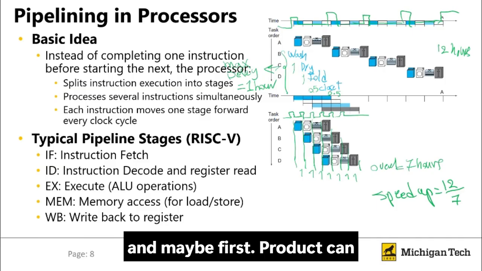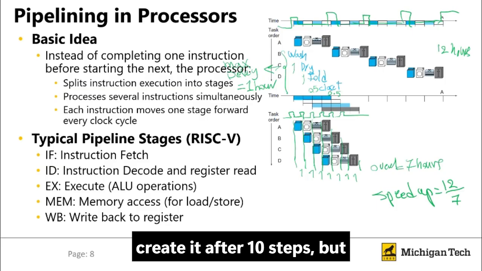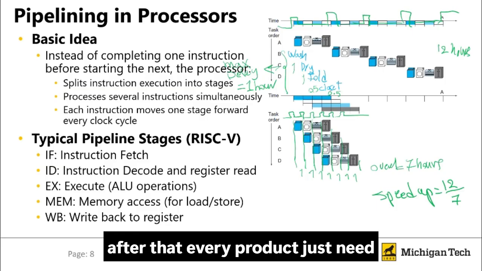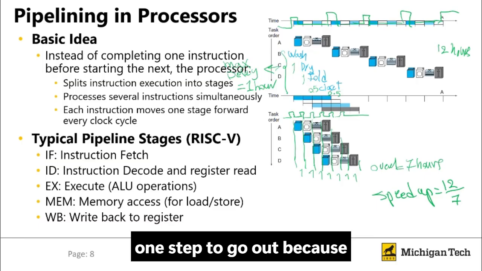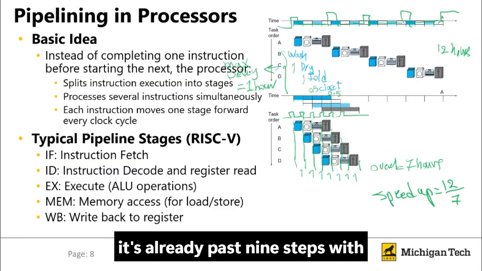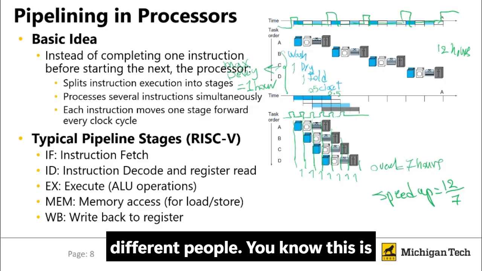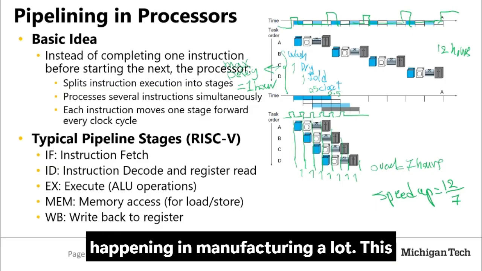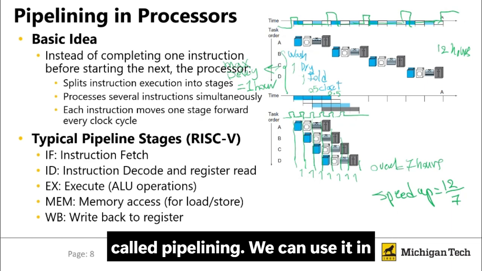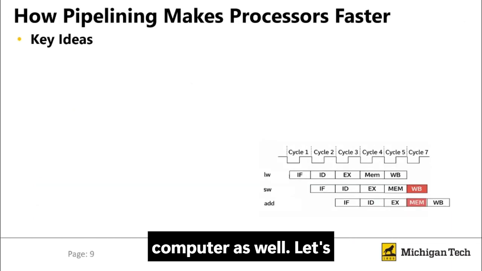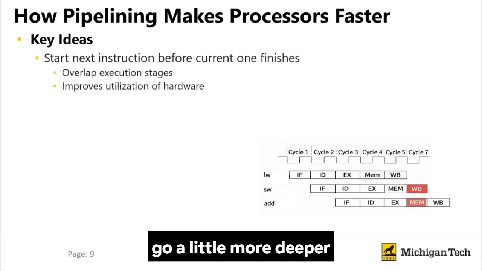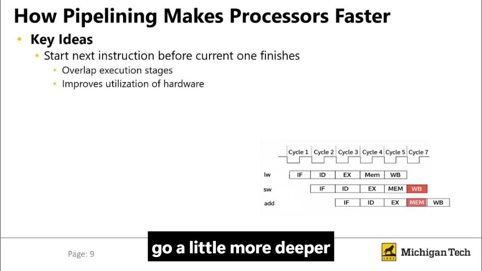Maybe the first product is created after 10 steps, but after that, every product needs just one step to go out, because it has already passed the other 9 steps with different people. This happens in manufacturing a lot. This is called pipelining. We can use it in computers as well. Let's go a little deeper.